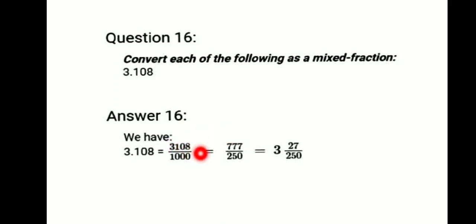Both numbers are divisible by 4. After dividing both numbers, we will get 777 upon 250, and the mixed fraction should be 3 whole 27 upon 250. Understand? 3 whole 27 upon 250. When you divide 777 by 250, your answer will be 3 whole 27 upon 250.